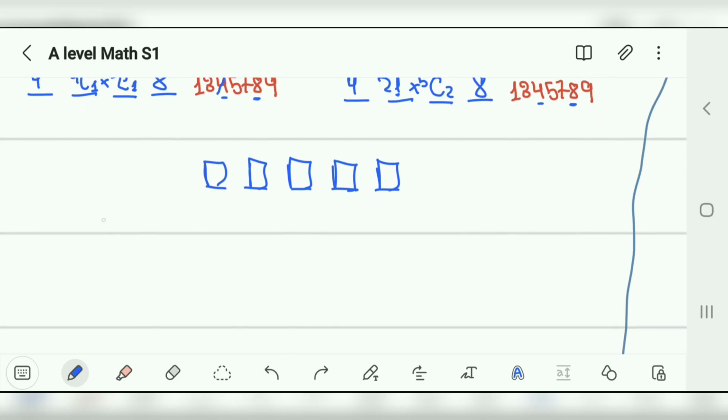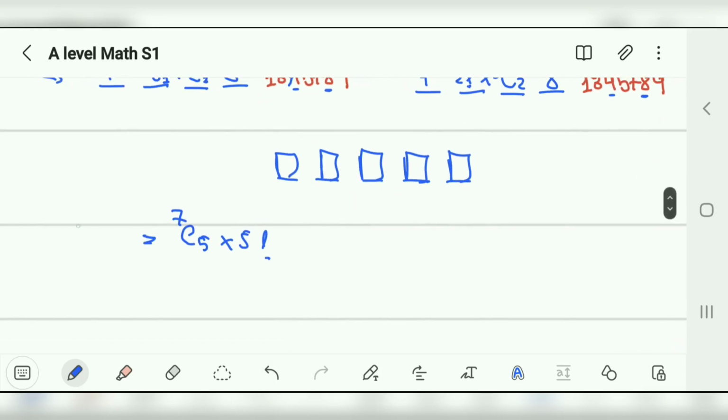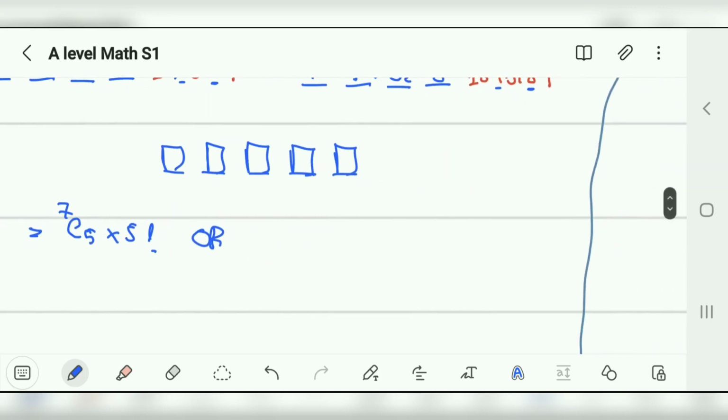Either I could do it directly like 7C5 and then make an arrangement like 5 factorial, which we can also write as 7P5, or we can do it individually, like 7C1, and repeated digits are not allowed, so 7C1, then 6C1, then 5C1, then 4C1, then 3C1. Both the answers are the same and both are correct, but the method is different.